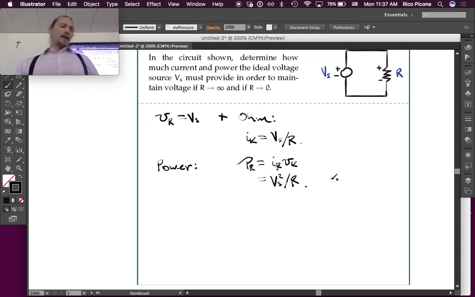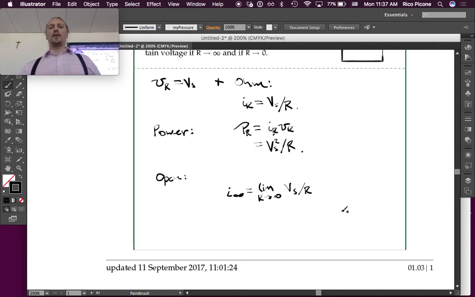Good. So now let's take the limits. Let's do first the open circuit. As R approaches infinity, I infinity is equal to the limit as R approaches infinity of Vs over R. What is that limit?